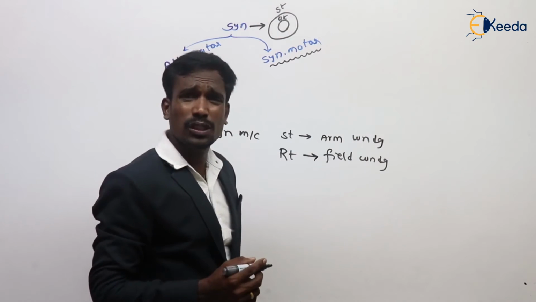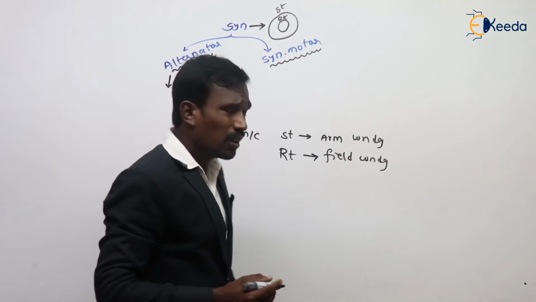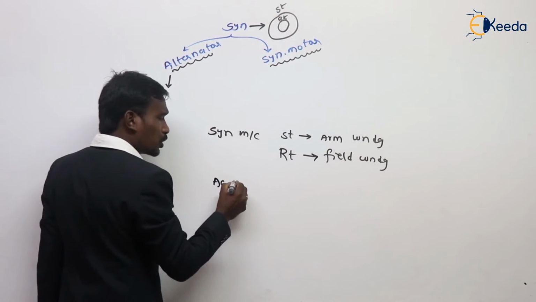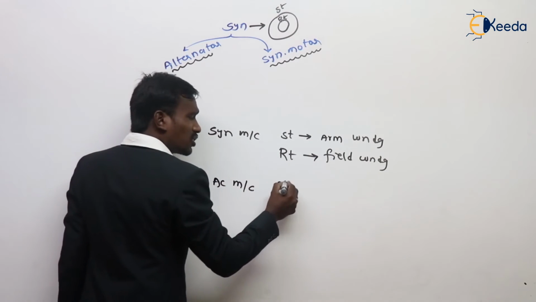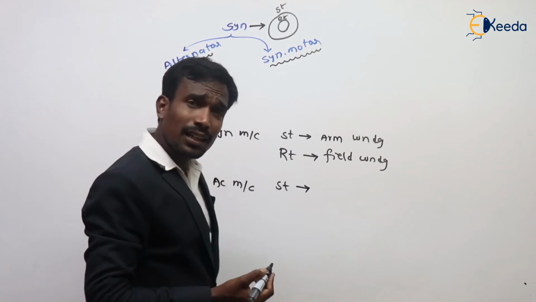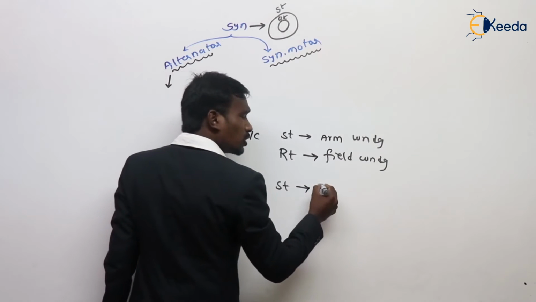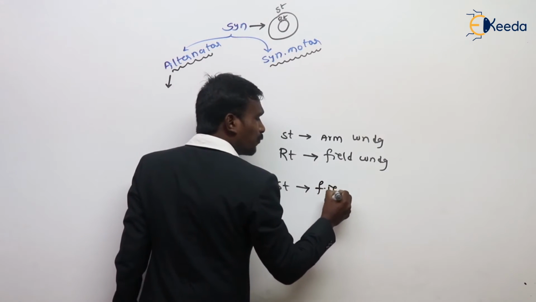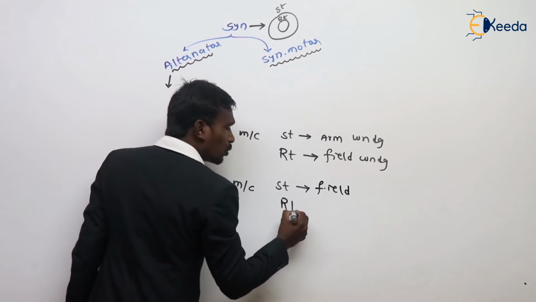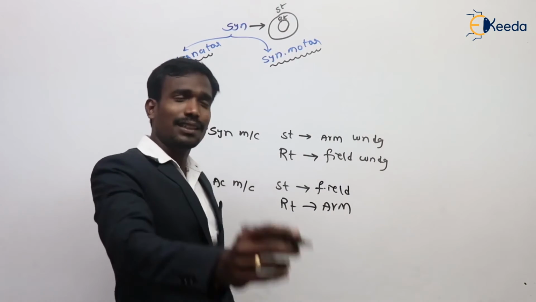What about DC machine? Can you tell me? In a DC machine, does the stator have armature winding or field winding? Yeah, exactly. In a DC machine, the stator has field winding and the rotor has armature winding. 100% correct answer.